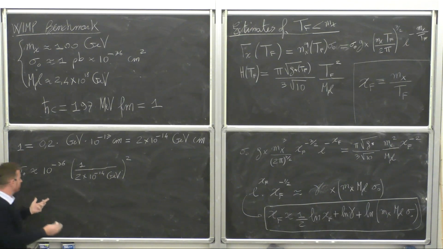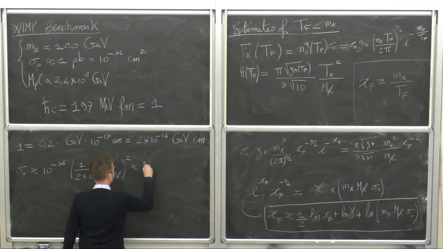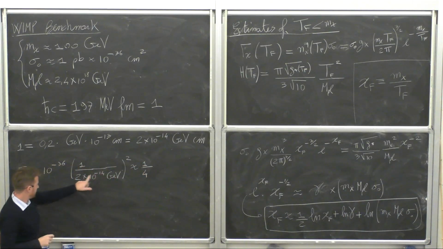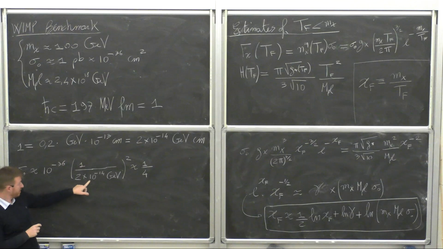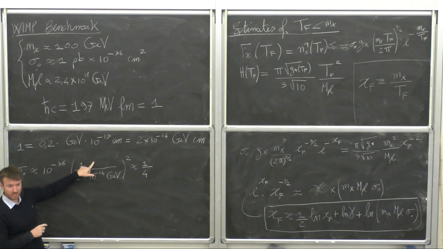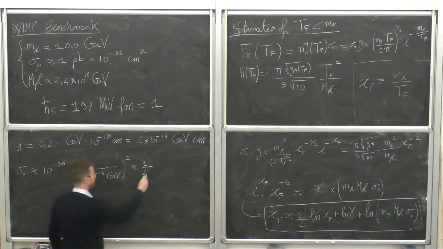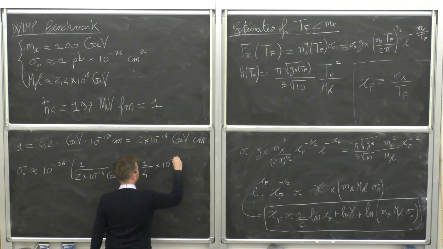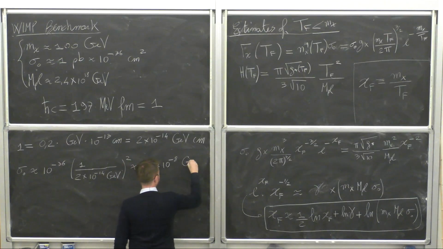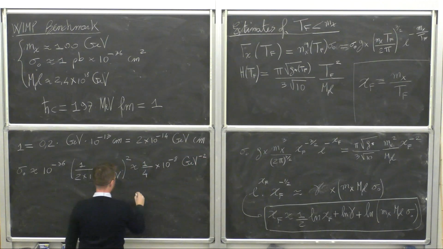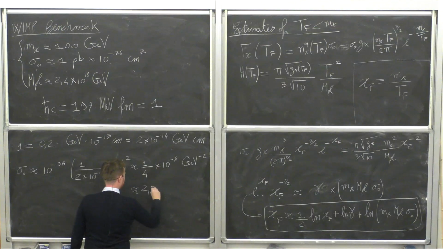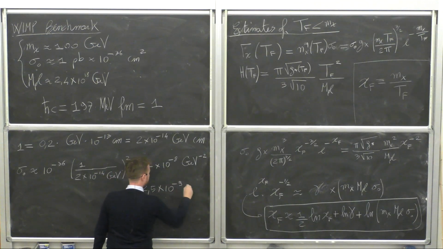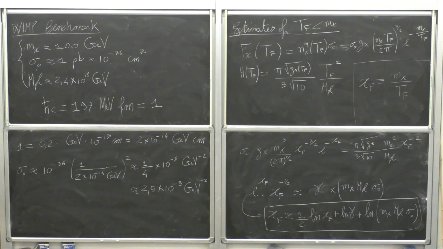Now it's quite trivial. I get 1 over 4, which is 1/2 squared, then minus 20, minus 14, plus 14 here, 28, 36, 8. Which is also 2.5 times 10 to the minus 9 GeV to the minus 2. So this is what 1 picobarn is.